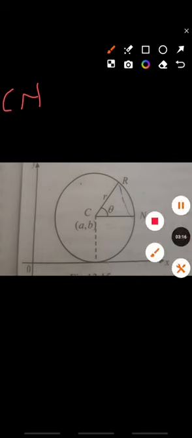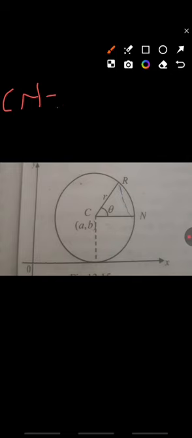So what happens here is that we can resolve CN. As we did in our previous lessons, we know that cos of any angle is associated with the x-axis, whereas sine of any angle is associated with the y-axis. So to get CN, which is along the x-axis, we take cos.